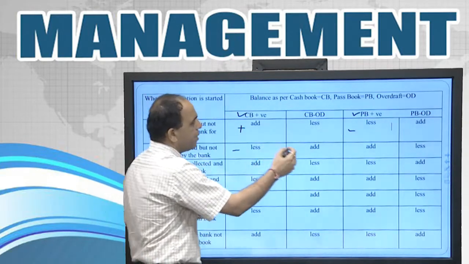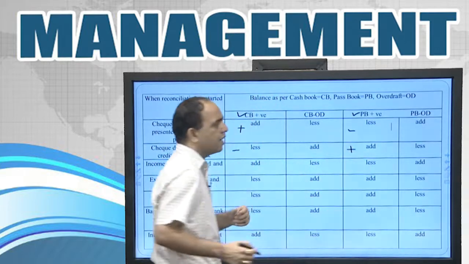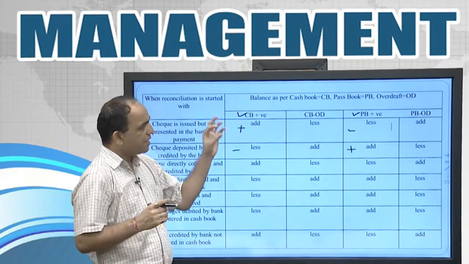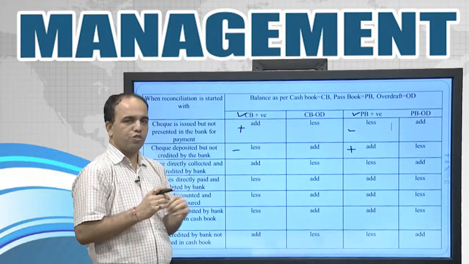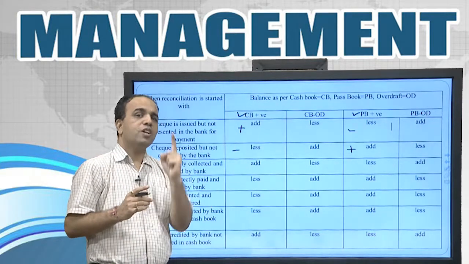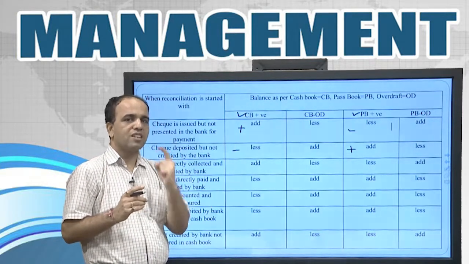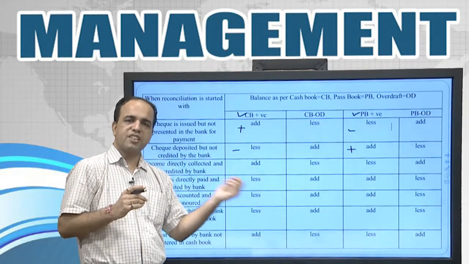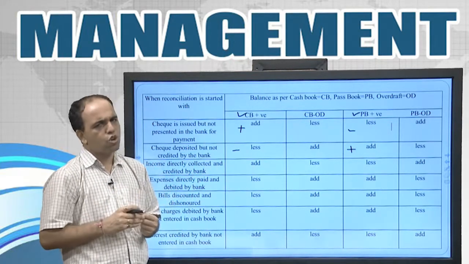Vice versa, in the bank passbook it will be added, if we start with the balance as per passbook. But I advise you to go for cash book understanding first. Then the passbook entry you can understand very easily. Vice versa for overdraft also.